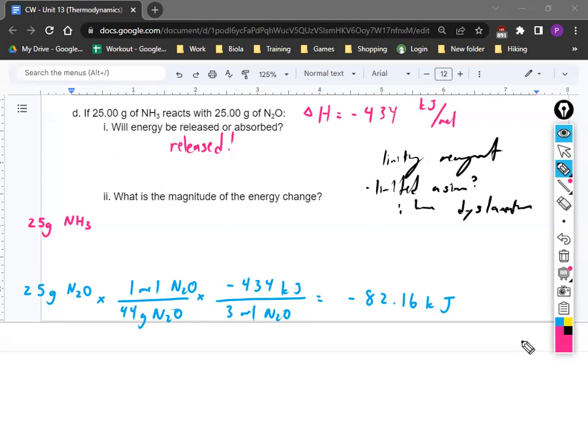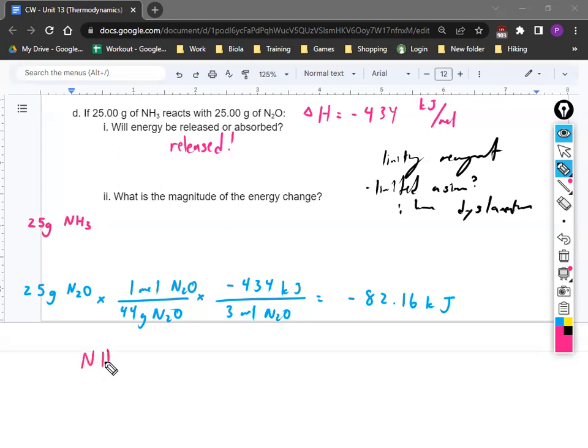I did 2/3 to get the moles of NH3 that were used, and then I added them. Are you still going to get 82.16? No. I don't know what you did, but that's a good question.